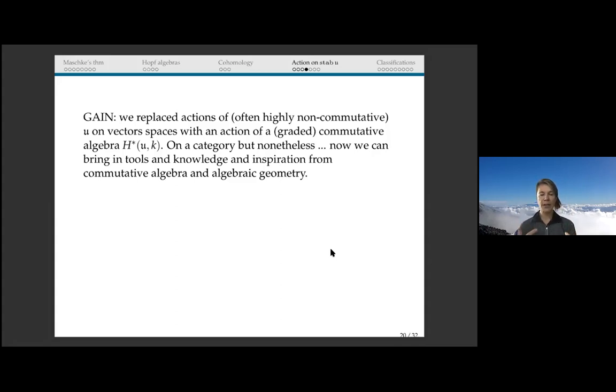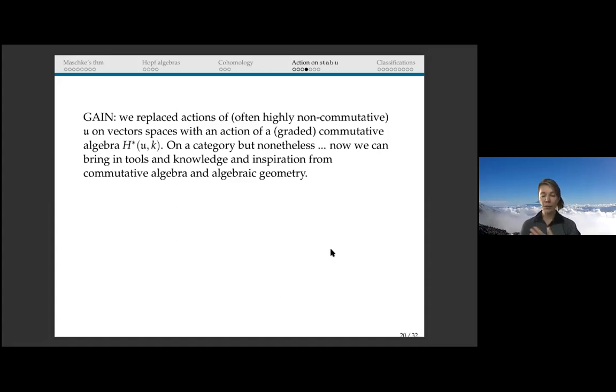We replace, well, replace is not the right word, the non-commutative actions with these commutative actions, or modules over a commutative algebra, except that now it acts on the category instead of a vector space, but you have to lose something.